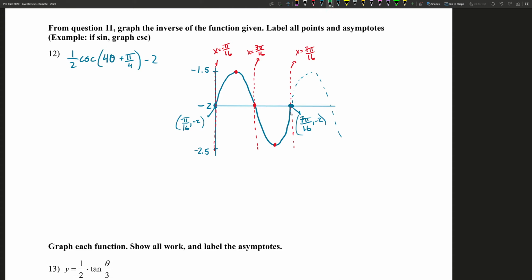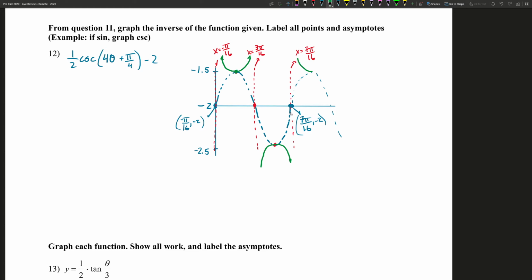And then our actual graph is no longer this, which I'll make dotted. It is the inverse, right? So from our max, I'll do it in a different color. From our max, we go up toward the asymptotes. And from our minimum, we go down toward our asymptotes.